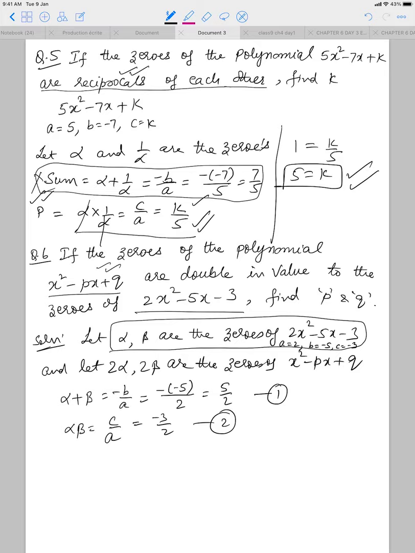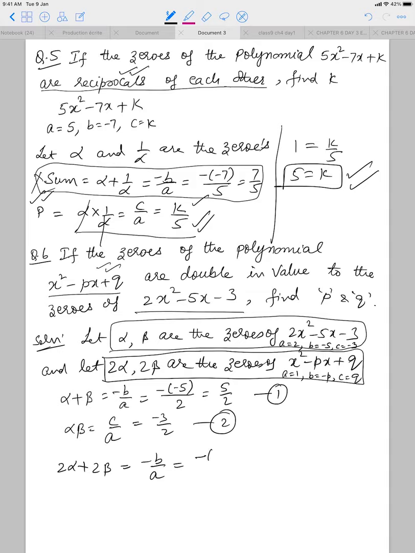Now using the second one, 2 alpha and 2 beta are the zeros of this polynomial. So again sum of the zeros 2 alpha plus 2 beta is equal to minus b upon a. And what is that equal to? In this case a is equal to 1, b is equal to minus p and c is equal to q.